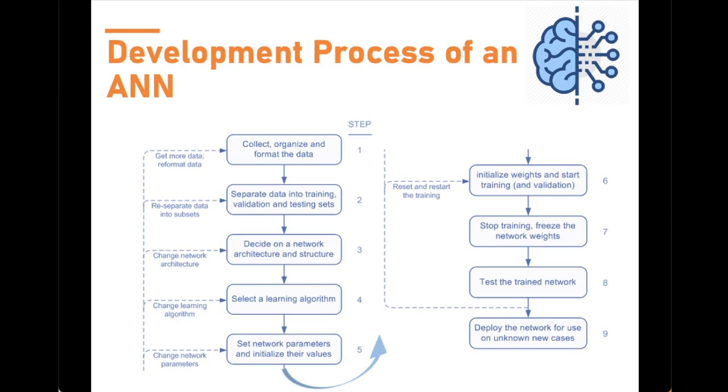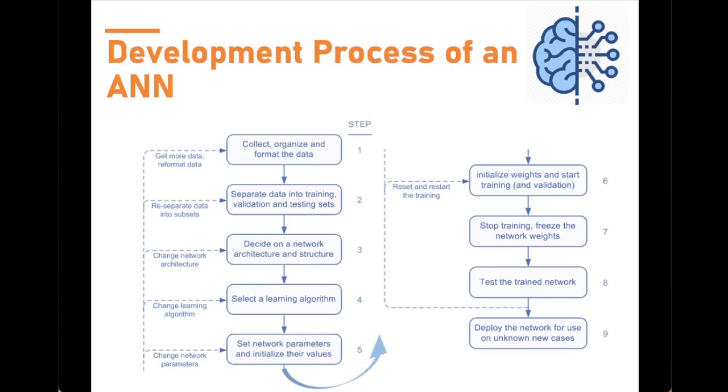In steps 5 and 6, first we initialize the network weights and parameters. Then we experiment with different values for optimizing the performance of the network. Here, we use the validation set to evaluate and compare different configurations.